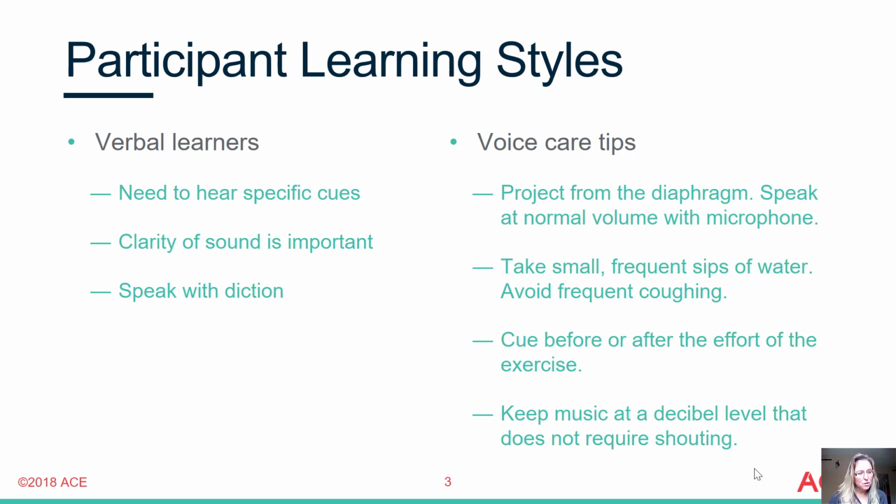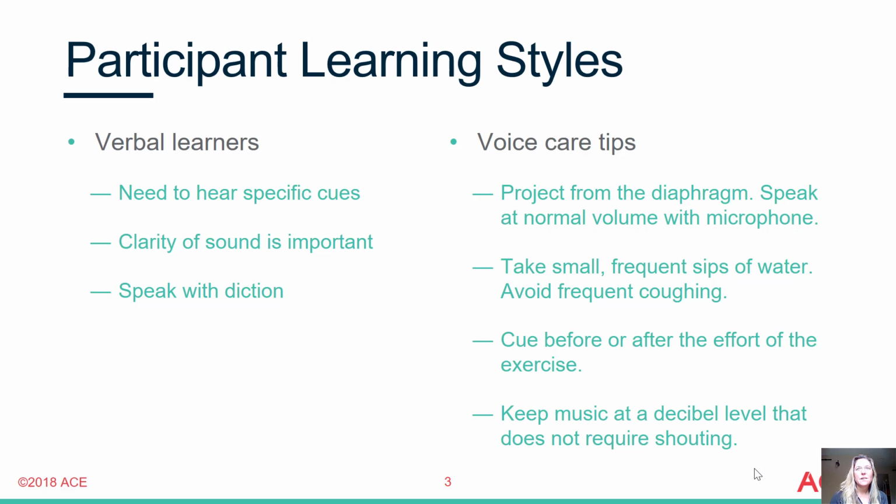First of all, looking at the verbal learners, these are the people that need to hear the specific cues. We must be specific. We need to explain first, give them time to absorb the information, and then perform the exercise. We also want to make sure that clarity of sound is important.